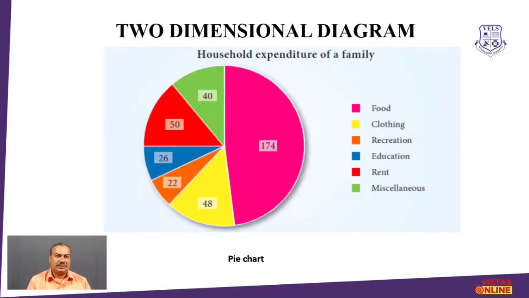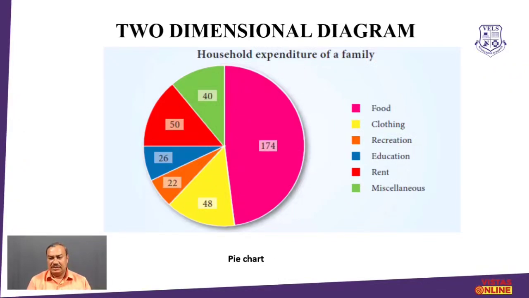So, the pie chart, or angle chart, circle chart or angle chart, both are equal. In the pie chart, all the measurement will be carried out of 360 degrees, because the total angle of a circle is 360 degrees. Here is the household expenditure of a family.